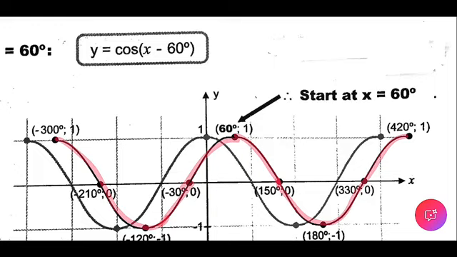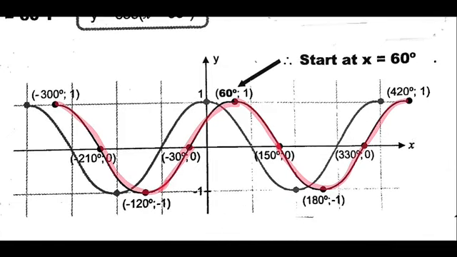So now this is a horizontal shift. You can see the normal graph starts at 0 and 1, x value 0, y value 1. On the positive x-axis side, the graph completes the period of 360 degree, a complete cycle, and on the left hand side as well you can see negative 360 degree.